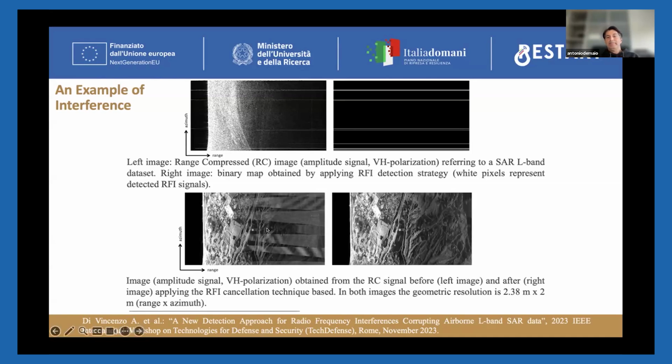And they actually are byproducts of this form of interference. Of course, if these mentioned interference lines are detected through a bespoke algorithm, and then a cancellation algorithm is used, a much better image can be obtained. You can see it here in the bottom part of this slide.